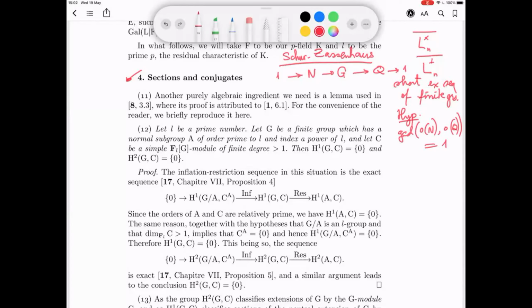There is no prime number which divides the orders of both the subgroup N and the quotient Q.